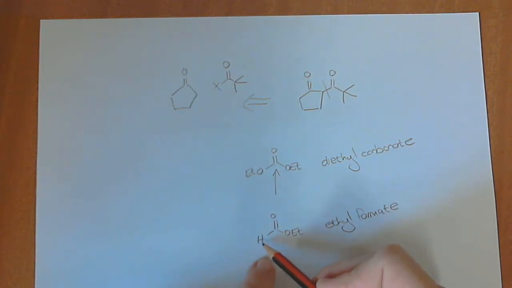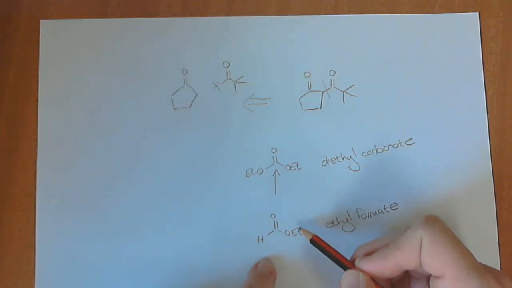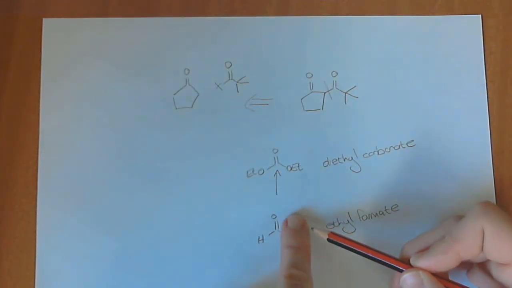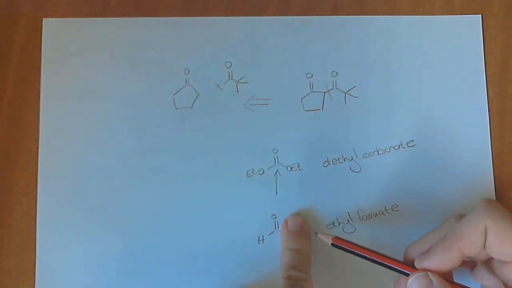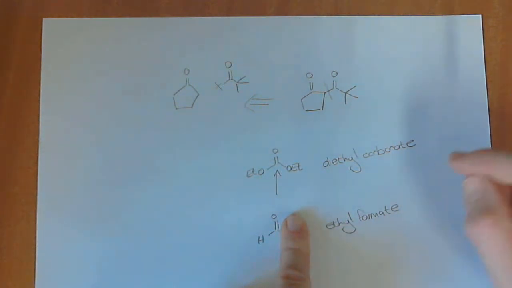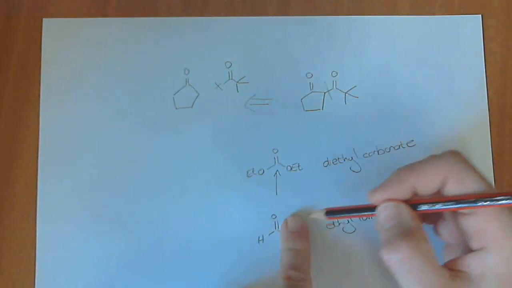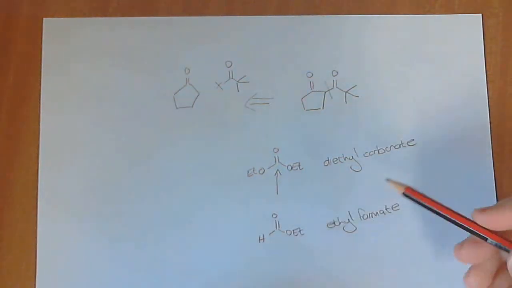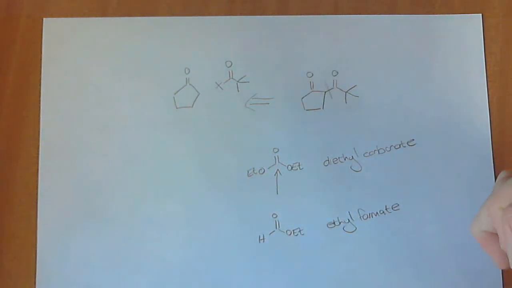Here we've just got a hydrogen over there. The interesting thing is that if we do this type of reaction, because this is going to be the leaving group, we're going to be putting on a formyl group. In other words, an aldehyde will be attached to, in this example, the nucleophile over there. So these are two interesting ones that we need to look at.